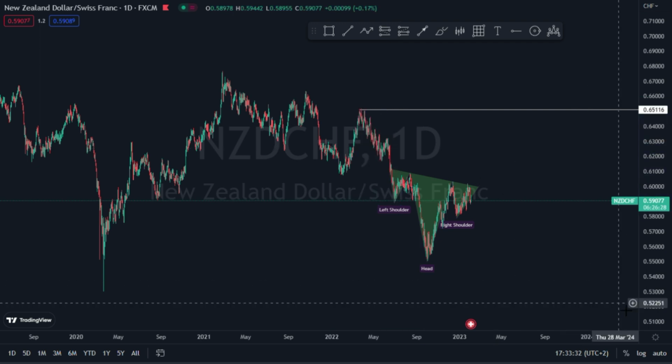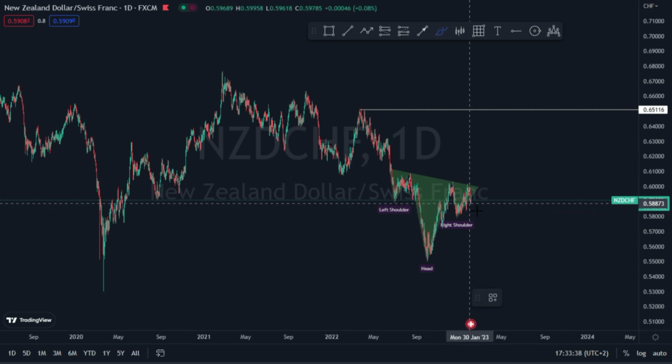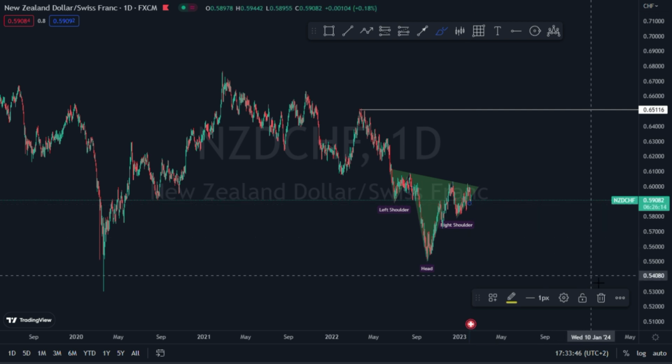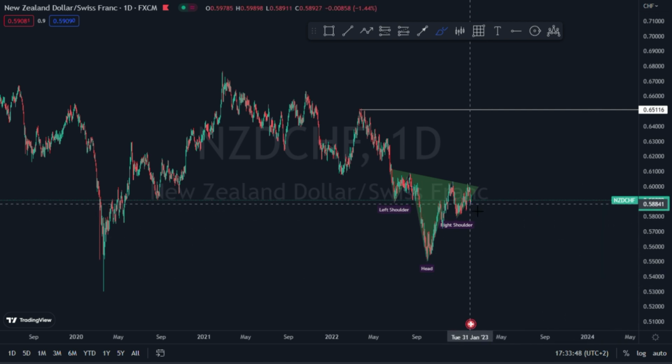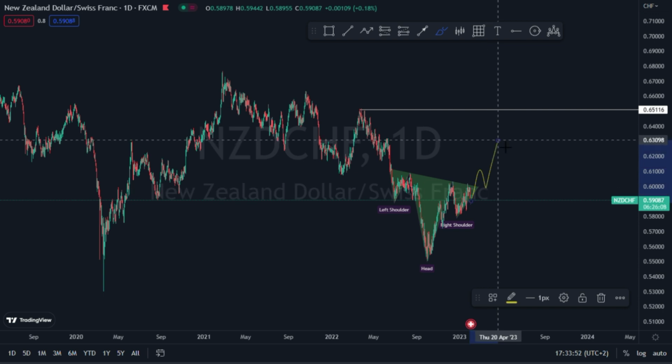It's either I'm gonna enter when I see the market presenting me with a proper structure to enter the market, or I will just wait for the market to break above this level, come back and retest, and continue moving to the upside. But let me show you quickly what I mean by that.